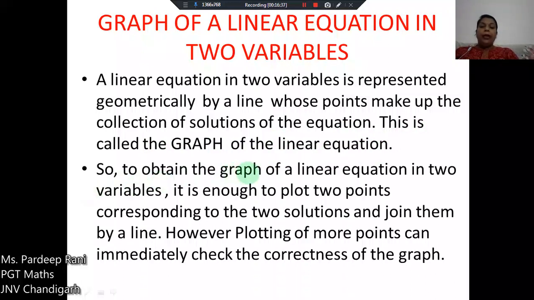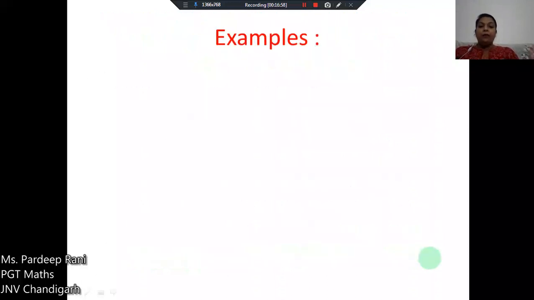So, to obtain the graph of a linear equation in two variables, it is enough to plot 2 points corresponding to the two solutions and then join them by a line. However, plotting more points can help check the correctness of the graph.